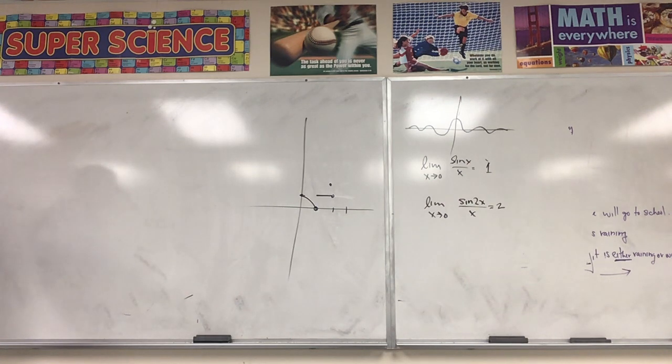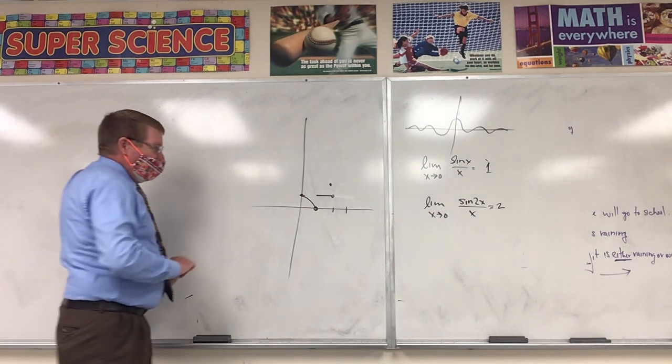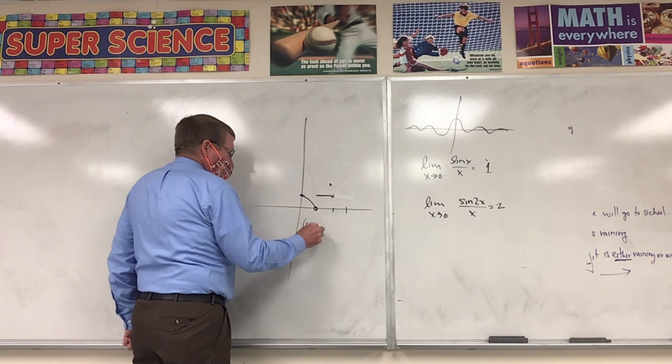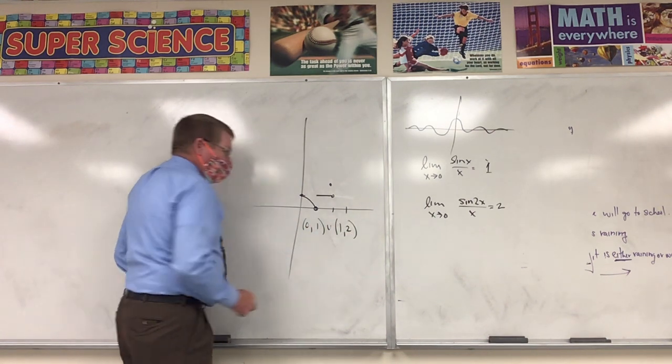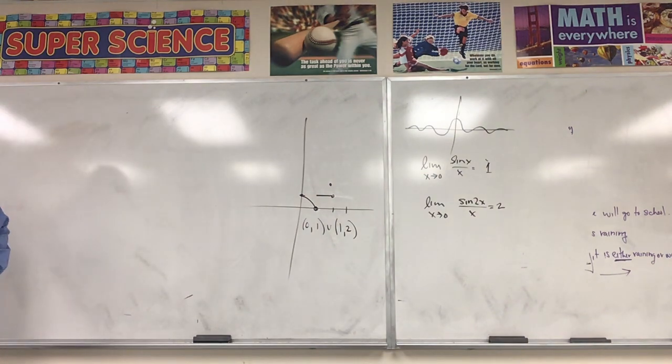At 2? Not really at 2, because I only have one side. I don't have two sides. So it does not exist at 0, does not exist at 1, and does not exist at 2. So where does it exist? Well, it exists between 0 and 1 and between 1 and 2. So that's where I do have a limit.